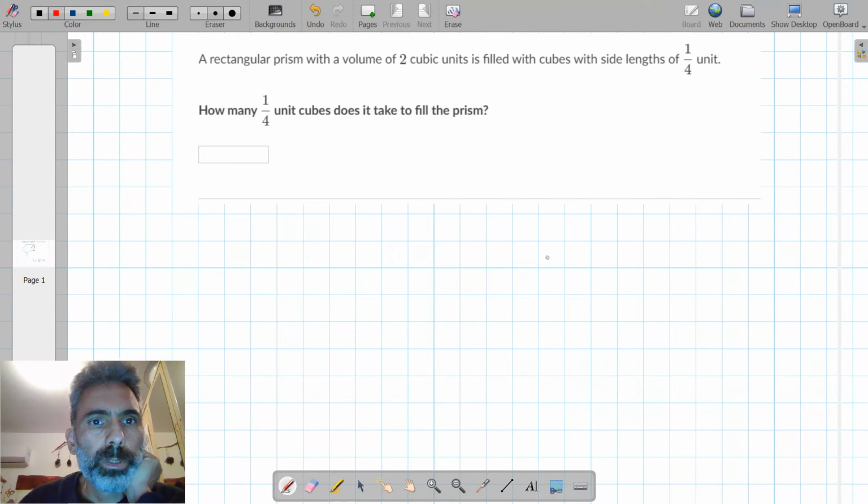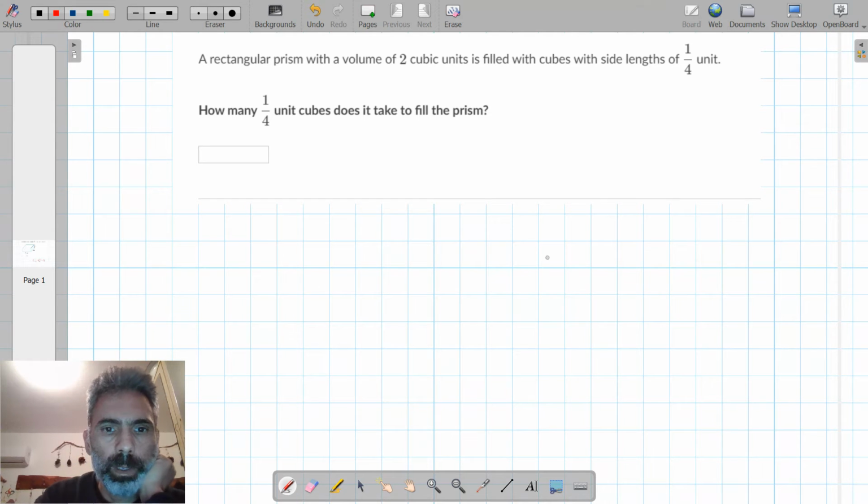A rectangular prism with a volume of 2 cubic units is filled with cubes with side lengths of 1/4 unit. How many 1/4 unit cubes does it take to fill the prism? Okay, so we have here a prism.